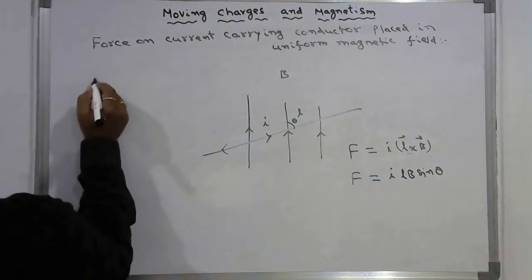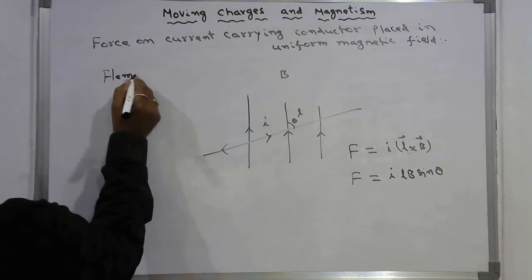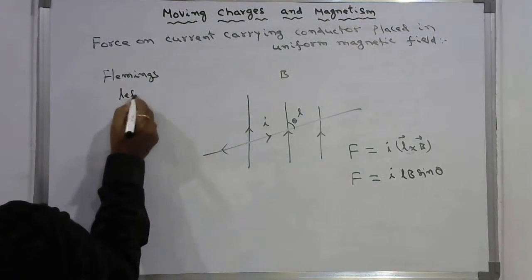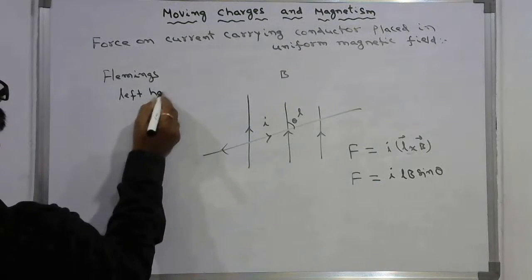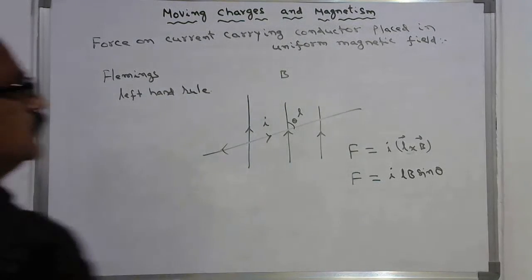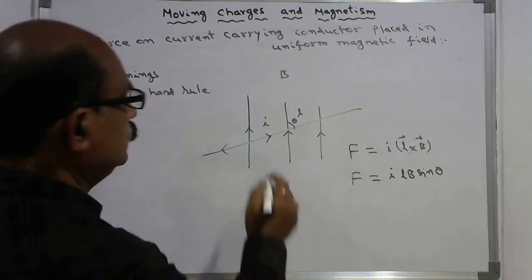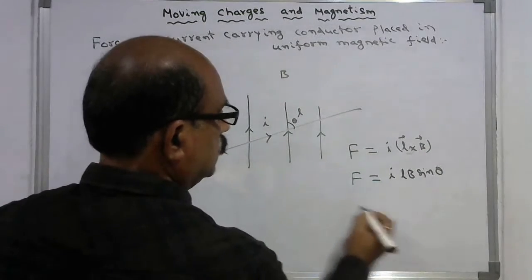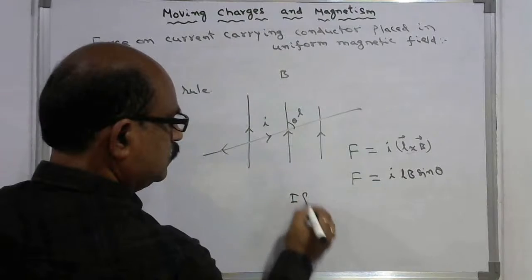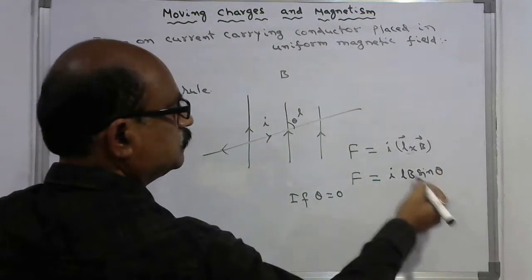So Fleming's left hand rule is used in motors. And so if theta is 0, what happens?